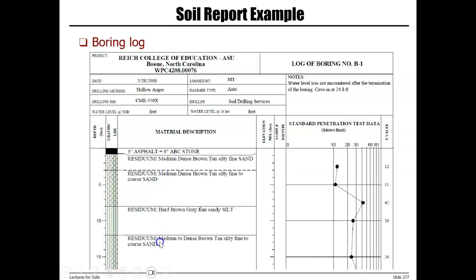Then we have different types of material, and the type of material is described: medium dense, brown, tan, silty, fine to coarse sand. And then here on the right side, you can actually see the SPT results, standard penetration test data. N value is provided here, and here you see blows per foot.